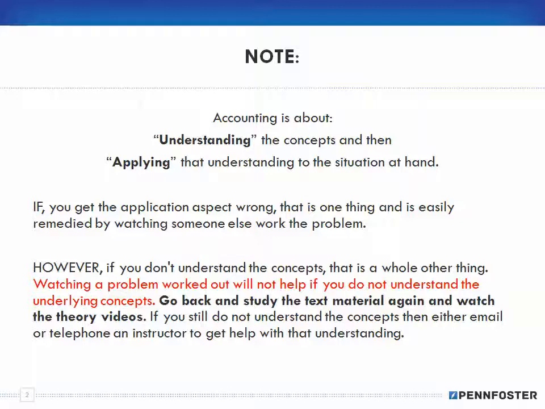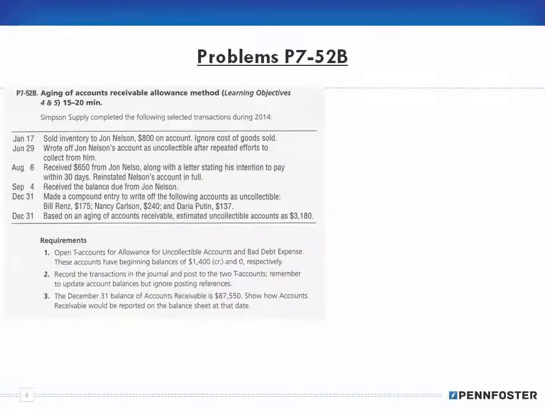Right, so in the last problem we stopped on 51, now we're working on 52, which is the aging of accounts receivable allowance method. Simpson Supply completed the following selected transactions during 2014. Number one, open T accounts for allowance for uncollectible accounts and bad debt.